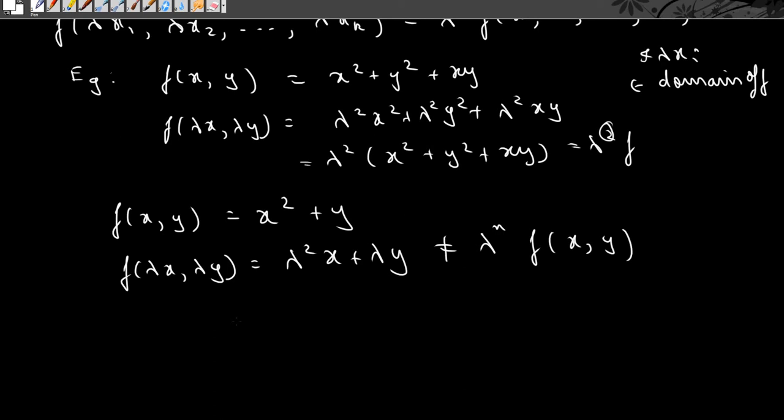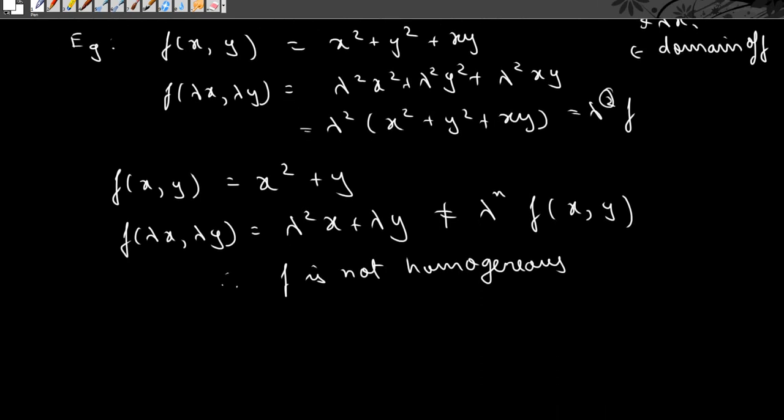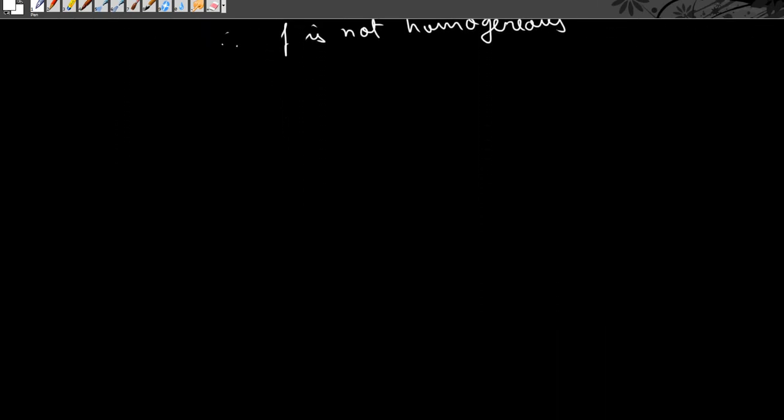So therefore f is not homogeneous. So with these two examples, it should be clear what is the meaning of a homogeneous function and what is the meaning of a non-homogeneous function.